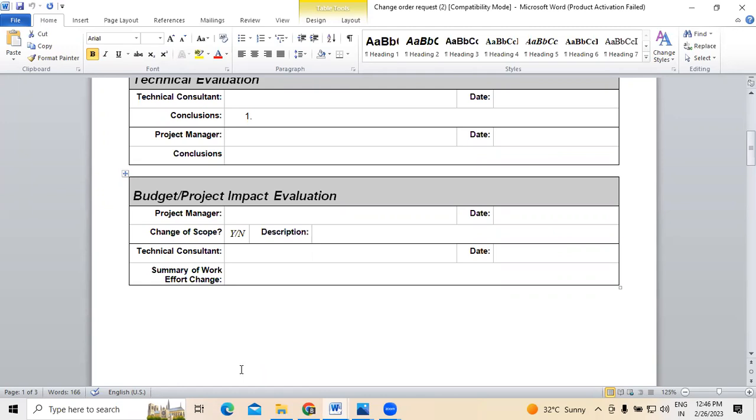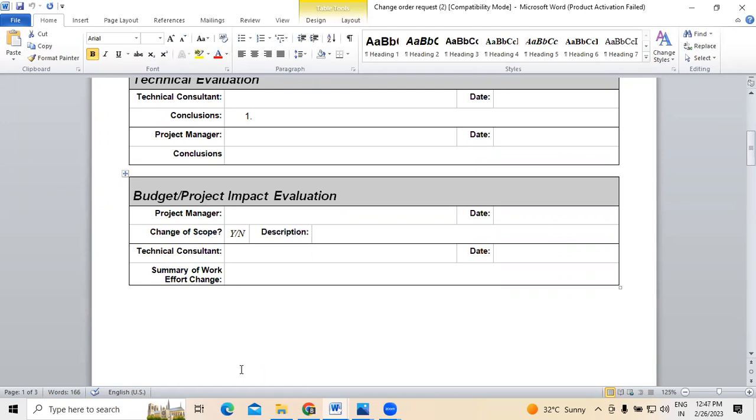In order to reduce this complexity, project impact evaluation has to be made. So if any change is proposed or initiated by anyone, technical evaluation has to be made, followed by budget and project impact evaluation. These are the two different points.